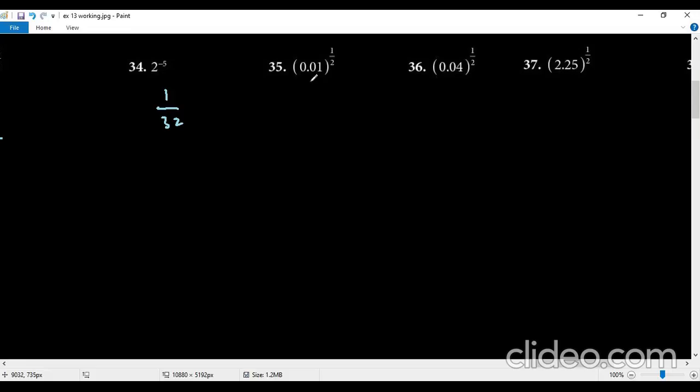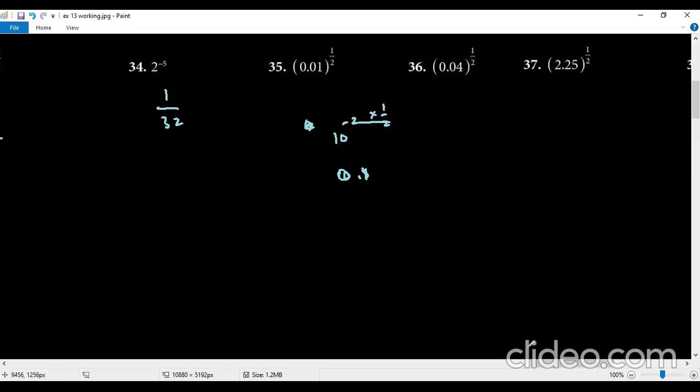So that means 0.01 means 10 to the power negative 2 multiplied by 1 over 2 cancels, and this becomes 10 to the power 0. It's going to be 0.1.